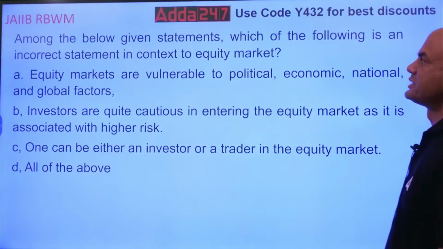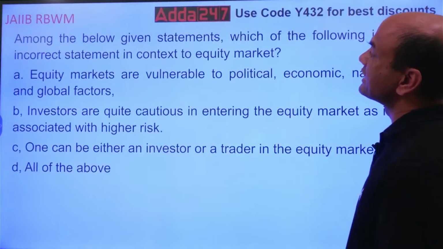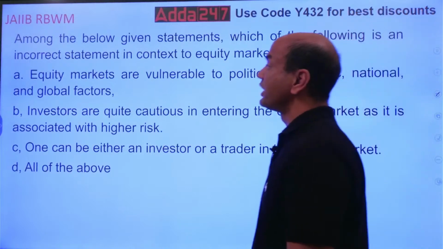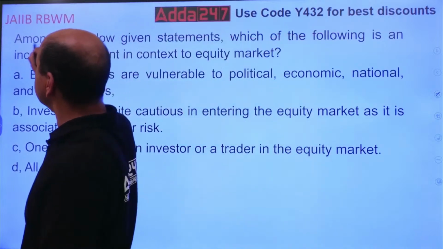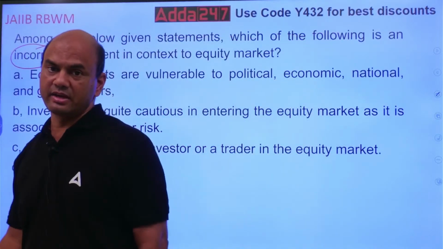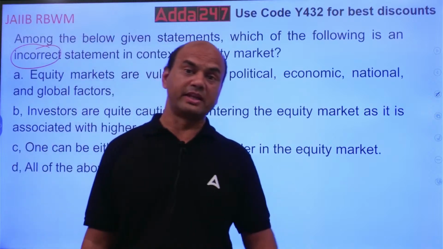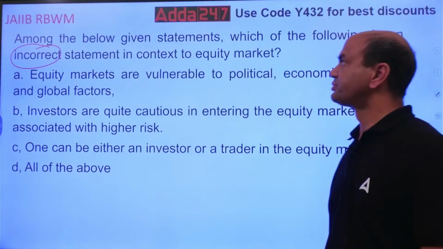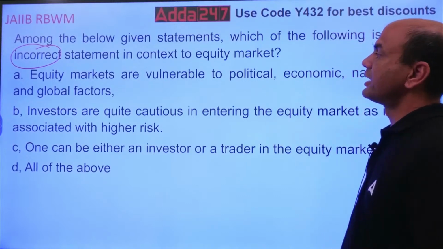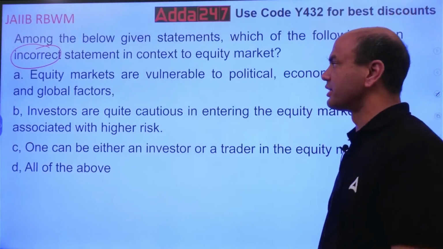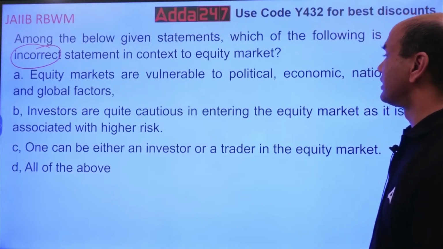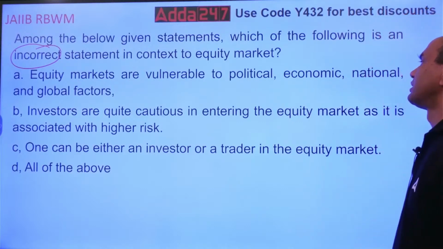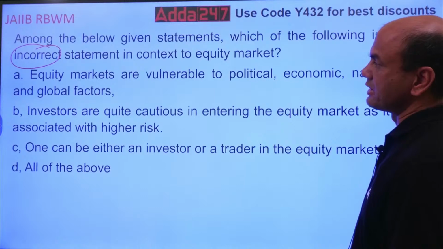Among the below given statements, which of the following is an incorrect statement in context of equity markets? This is from your module D, tax planning, wealth. Equity markets are vulnerable to political, economic, national and global factors.